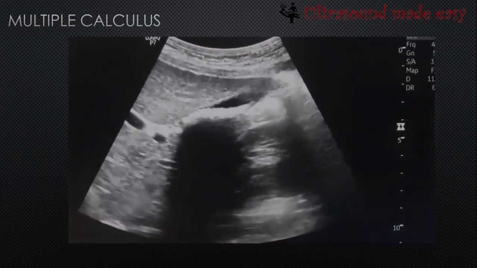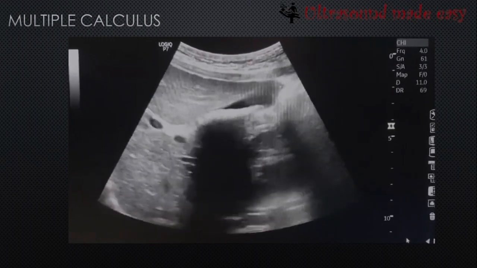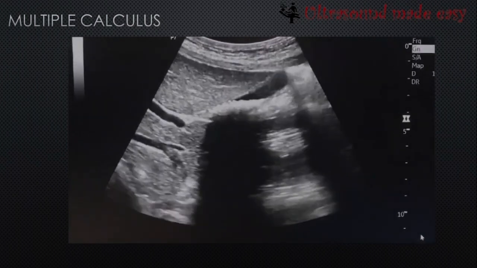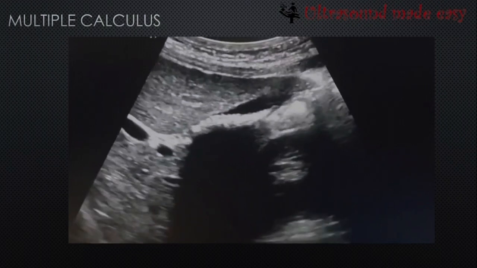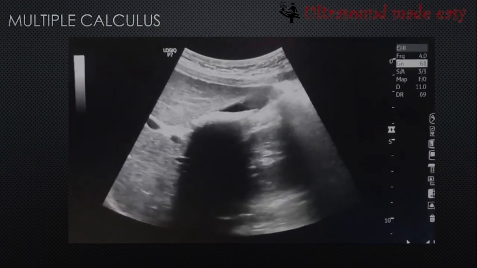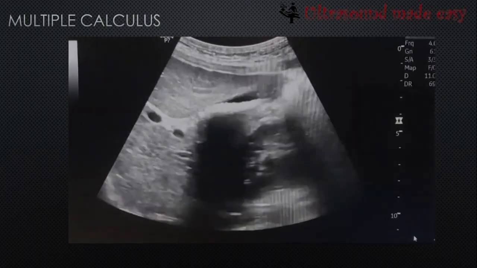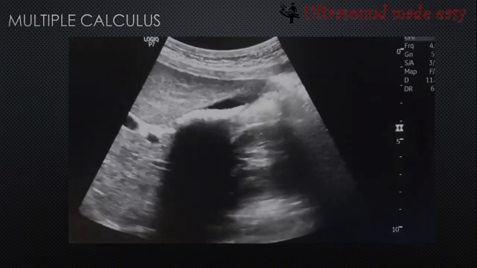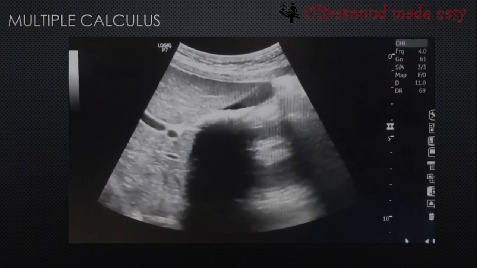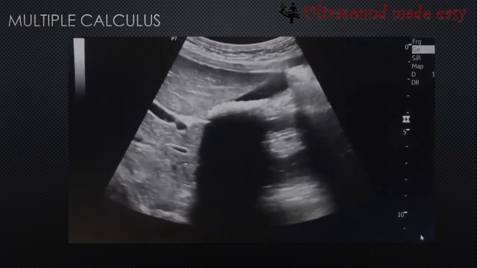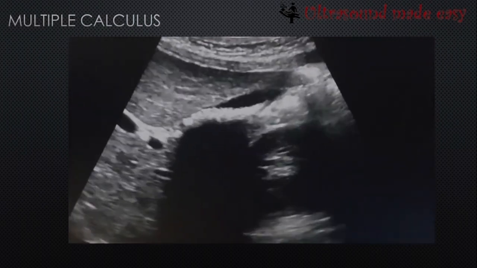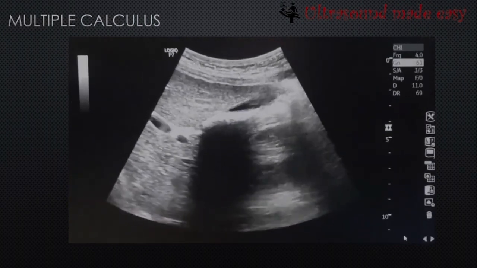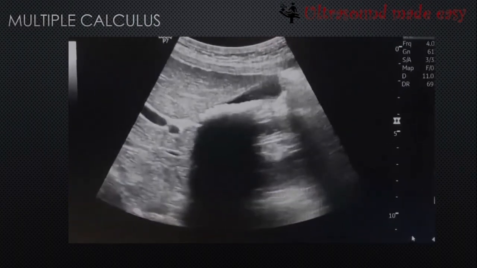The possibility of a stone getting impacted in the CBD is very common in such cases. So whenever we encounter small, multiple calculi, the chances of finding a stone in the CBD are higher. Don't forget to look at the CBD.